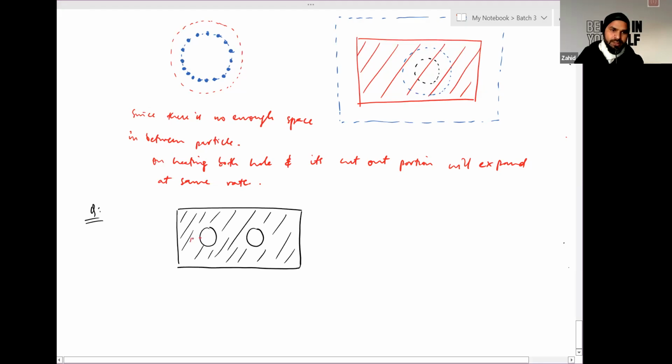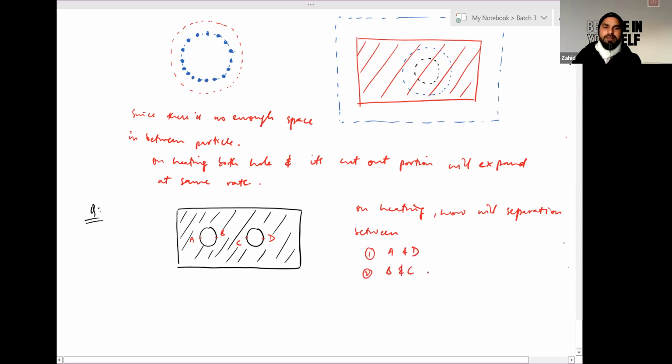Let's say this particular position is A, this position is B, this position is C, and this position is D. On heating, how will separation between first A and D, second B and C be affected?